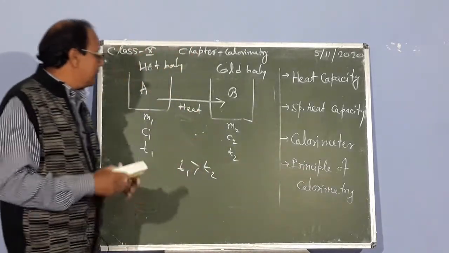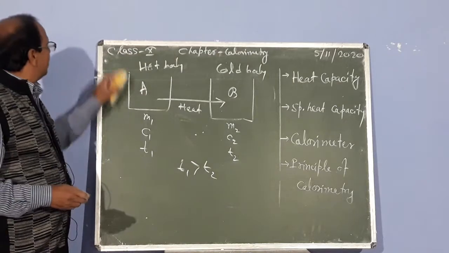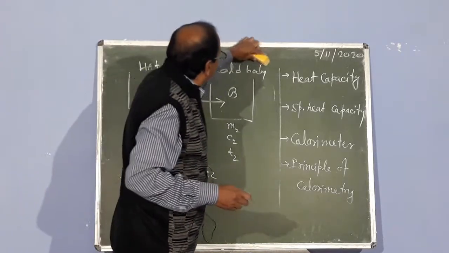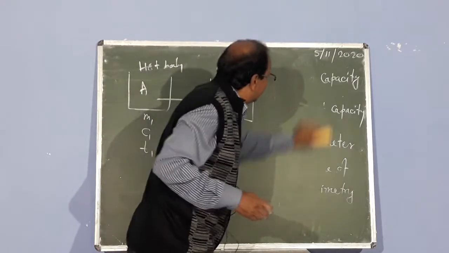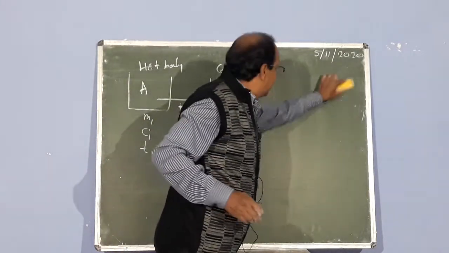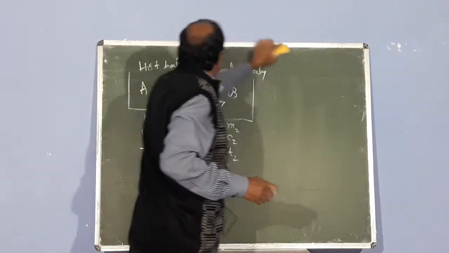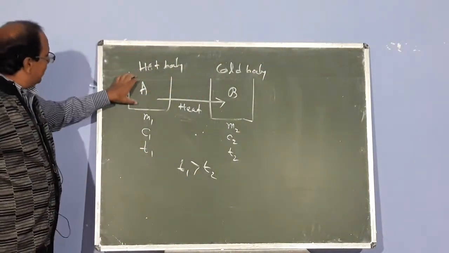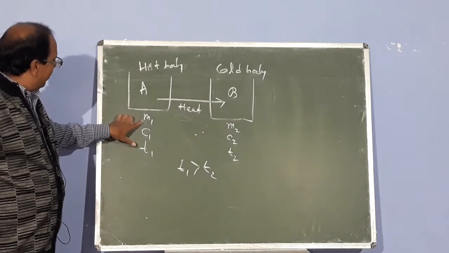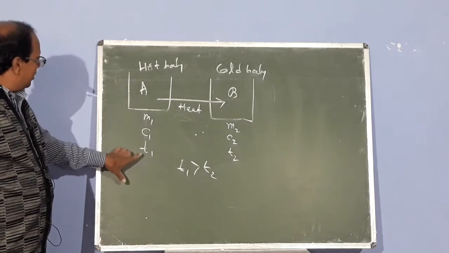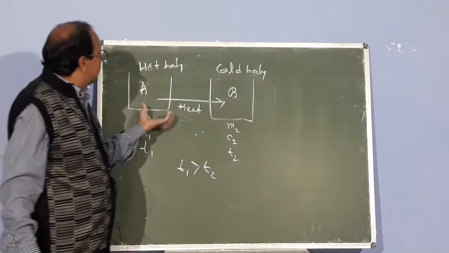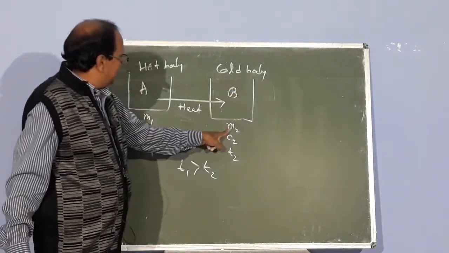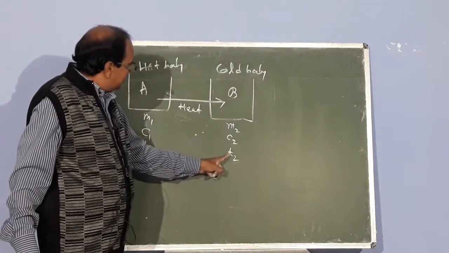Now I will be discussing the mathematical conception of calorimetry to work out numericals based on the principle of calorimetry. Here the hot body A, whose mass is M1, specific heat capacity is C1, temperature T1, is giving heat to the cold body whose mass is M2, specific heat capacity is C2 and temperature is T2.